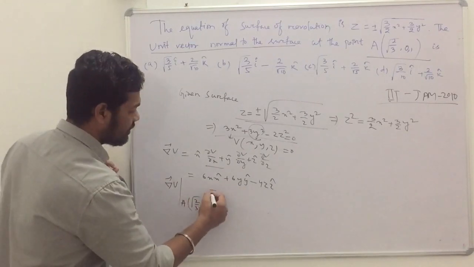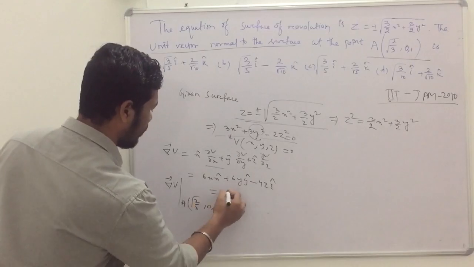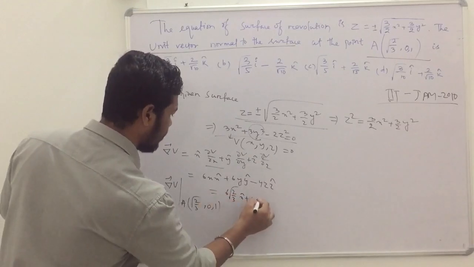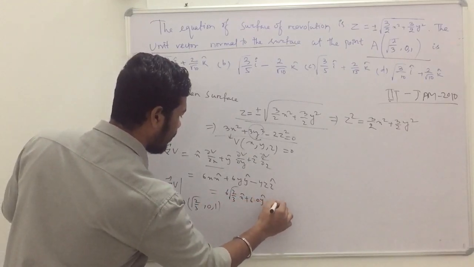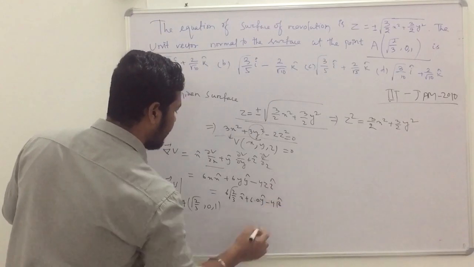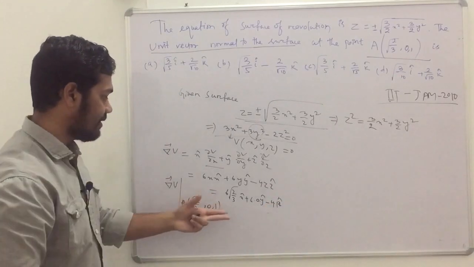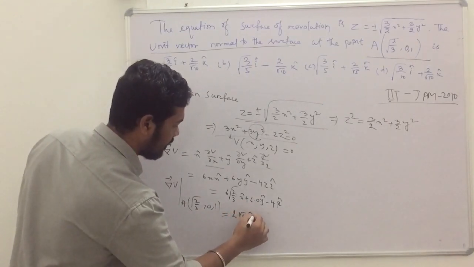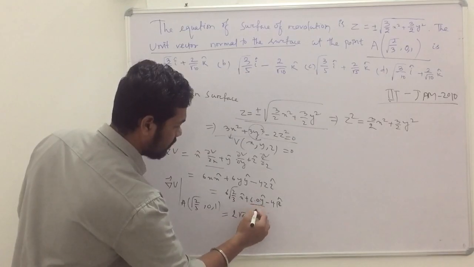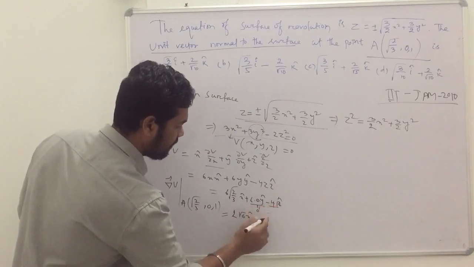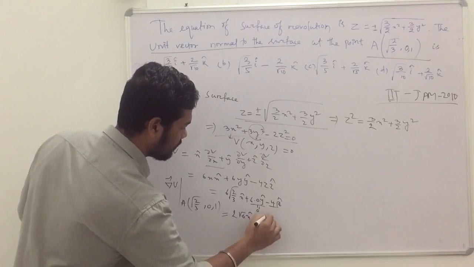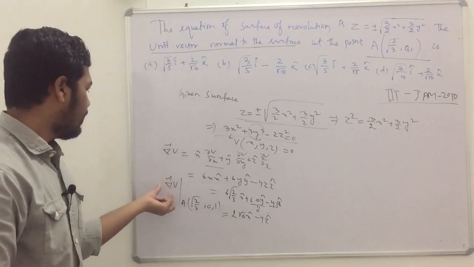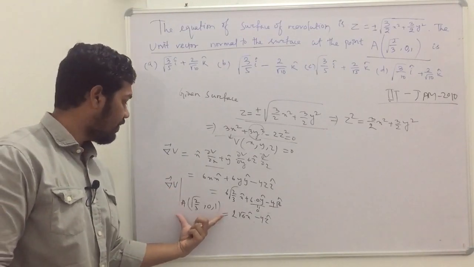By replacing, you will get 6 into 2 by 3 x cap plus 6 into 0 into y cap minus 4 into 1 into z cap. From this you get twice root 6 x cap plus 0, and minus 4 z cap. This is the vector which is perpendicular to the surface at the point.